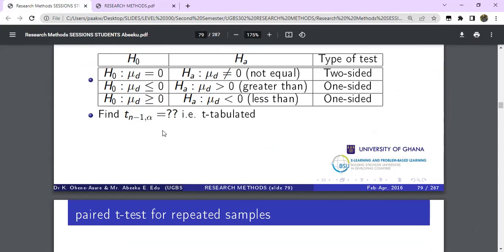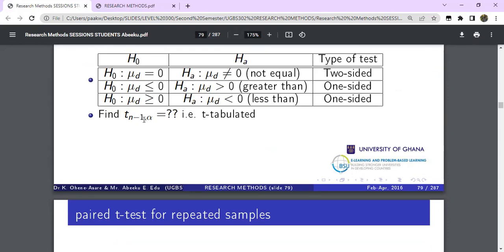I repeat, do not divide your alpha by 2. The same method to find a T critical. If it's 0.05, you should use the 0.05, because there's a column for two tails in the table, so you don't have to divide it.